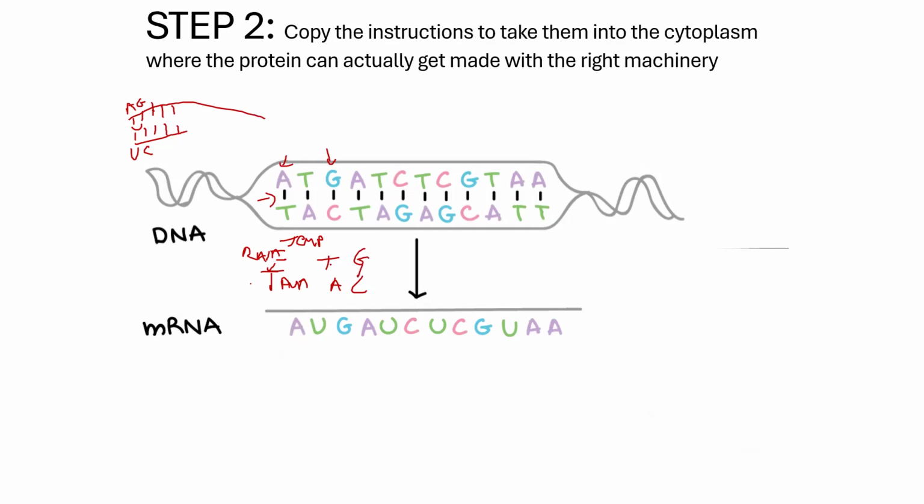Because again, we're going to hydrogen bond these and then push them off as we're making our RNA. So if this bottom strand is our template, this is our coding strand. So we can just read it right across. A, T becomes U, G becomes G, A is an A, T becomes a U, and then C becomes a C.